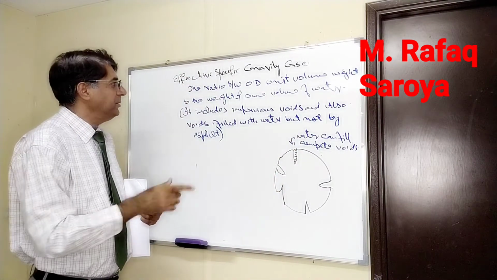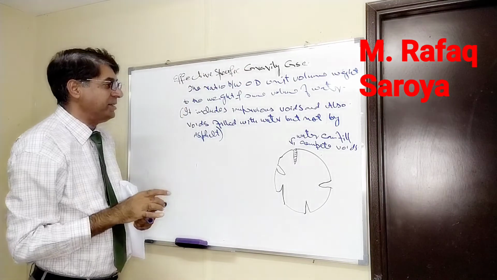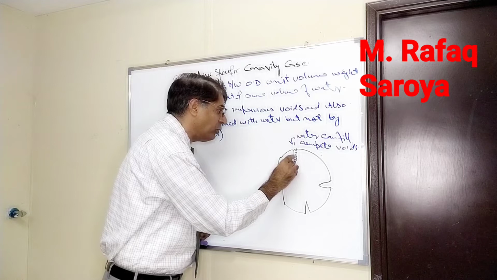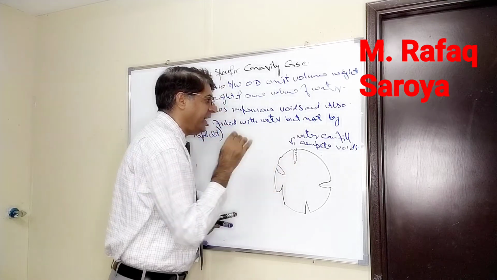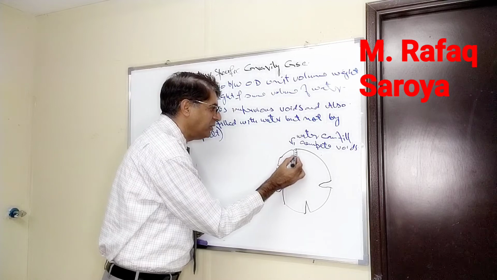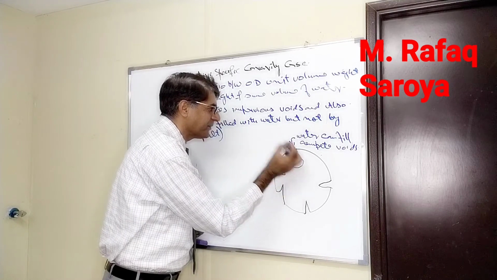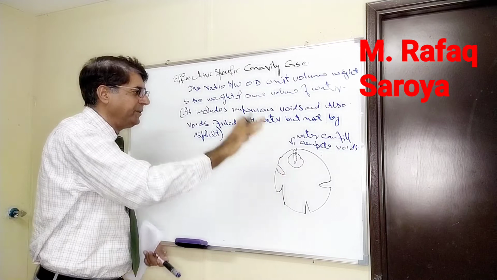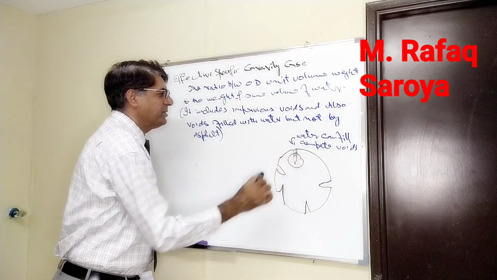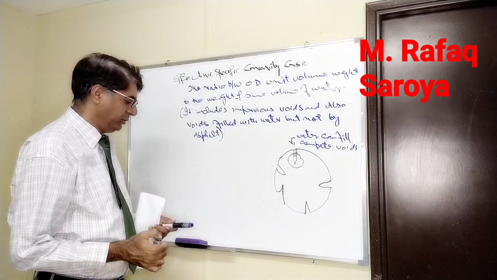But we are considering effective specific gravity. Effective specific gravity says water can go up to this one. But when asphalt is considered, asphalt is going to leave some space over here. Asphalt is not going to the full depth of this crack.